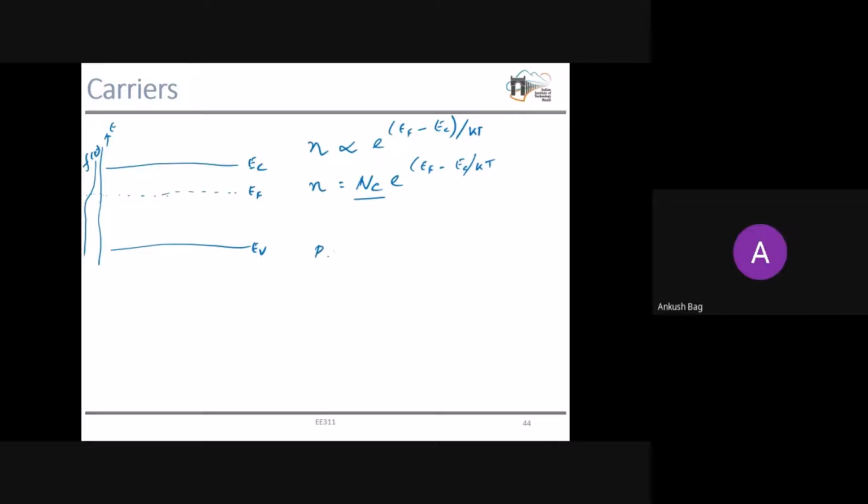Similarly, in case of holes, in the valence band there will be an effective density of states NV, and an exponential. Here it will be a little different because this is for holes.